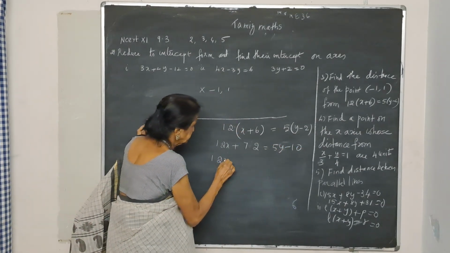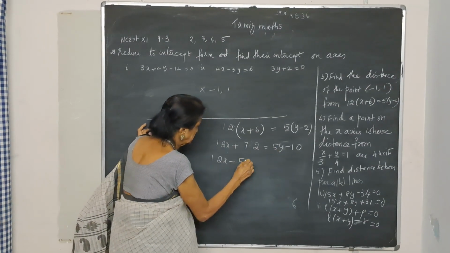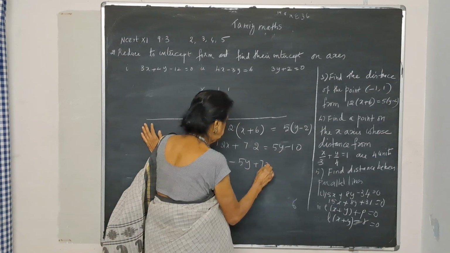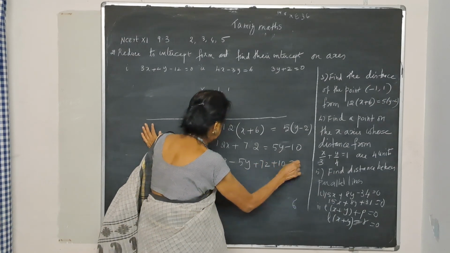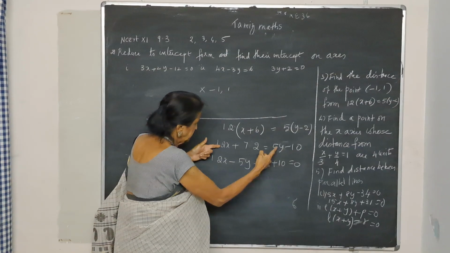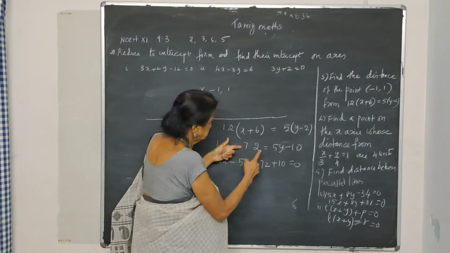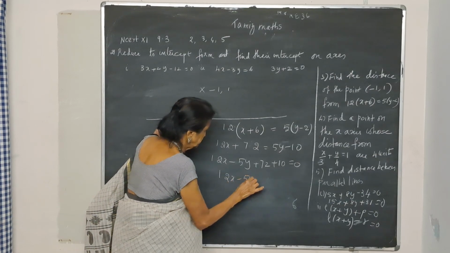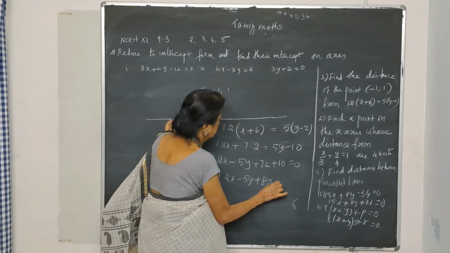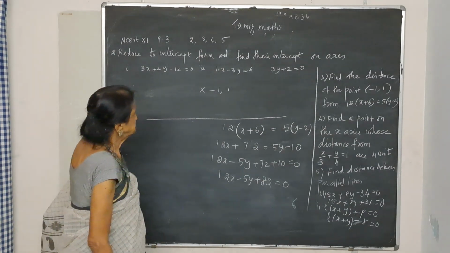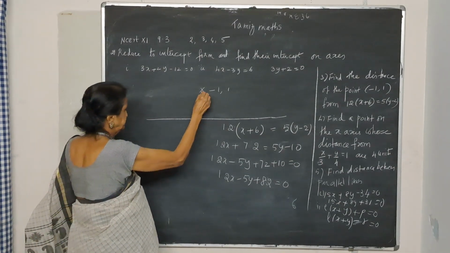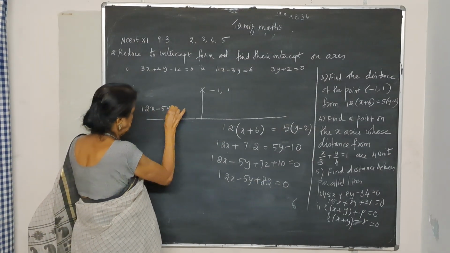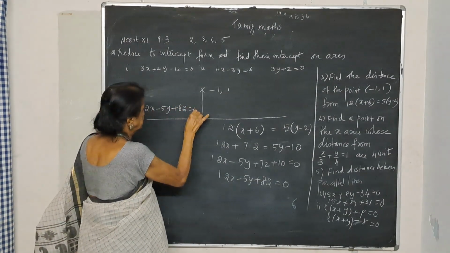So 12x minus 5y plus 72 plus 10 is equal to 0. 12x minus 5y plus 82 is equal to 0. Now this is the line, 12x minus 5y plus 82 equal to 0.